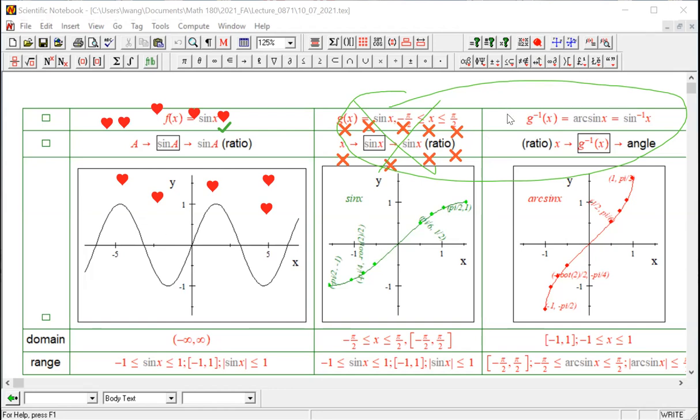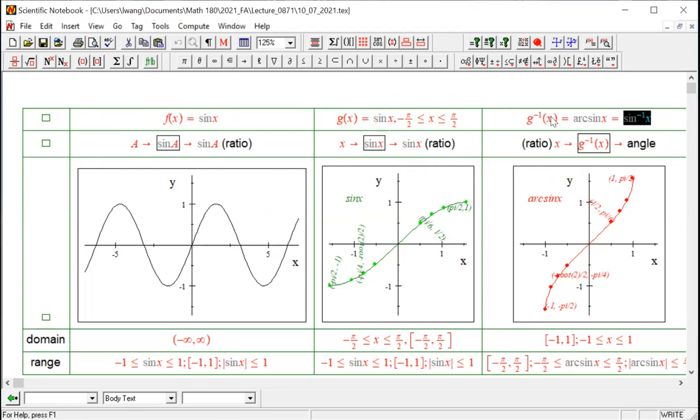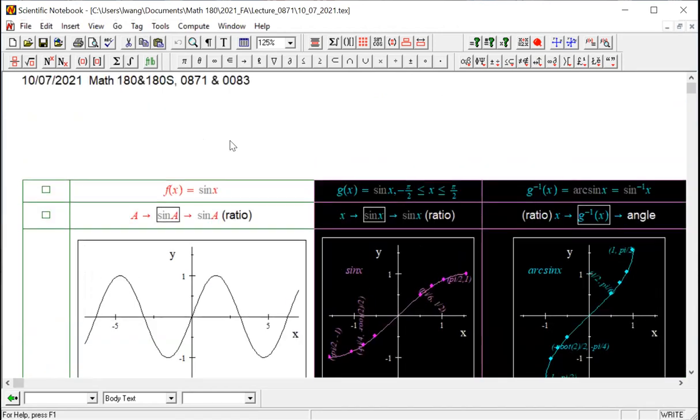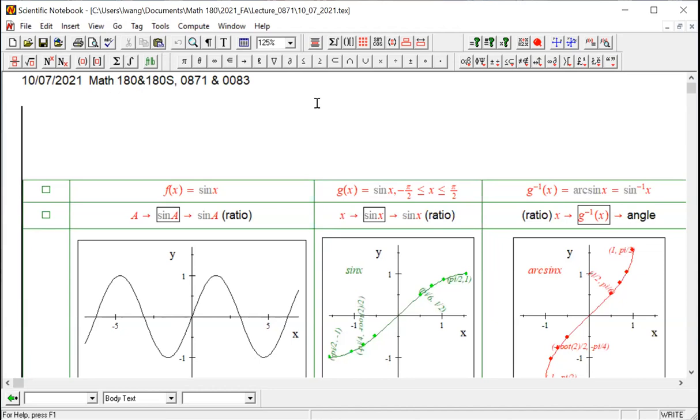All right. So with that said and done, we take these two functions. We know they're inverse to each other. So I'm going to take these two functions and look at these properties.